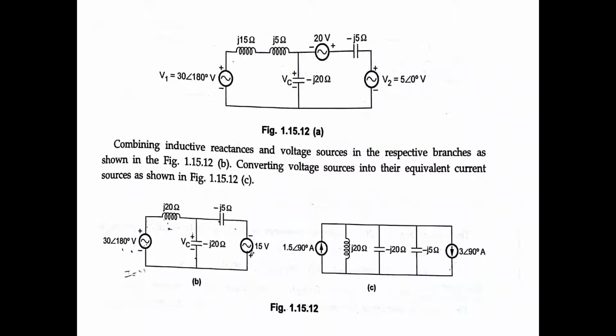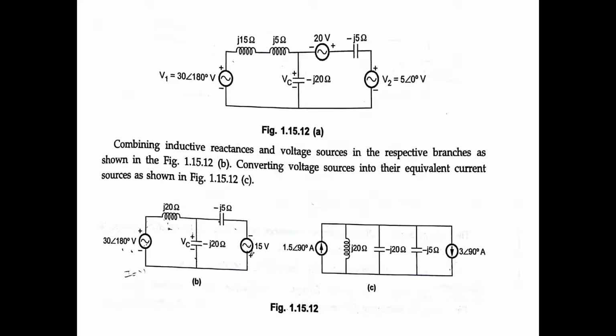Next, combining the inductive reactance and voltage source in the respective branches as shown in the figure, and converting the voltage source into the equivalent current source. Here, j15 plus j5 is j20. Then minus j20 minus j5 gives 15, minus j20, and 30 at angle 180 as it is.